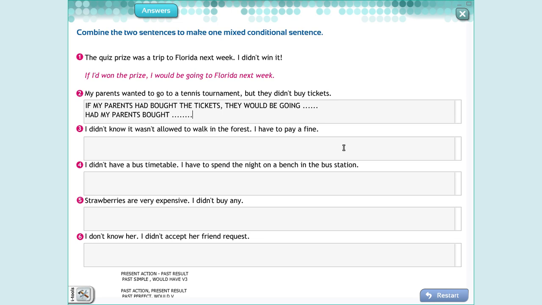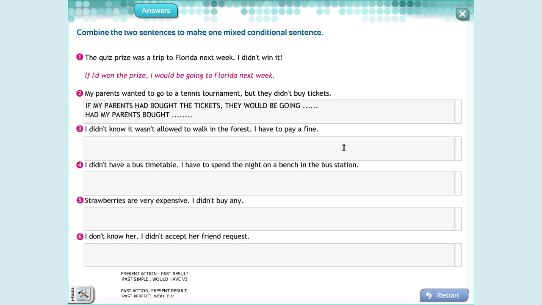Next one is, I didn't know it wasn't allowed to walk in the forest. I have to pay a fine. Okay? Então, se eu soubesse que eu não podia caminhar na floresta, eu não teria ido até lá.